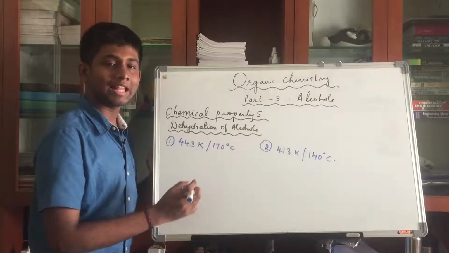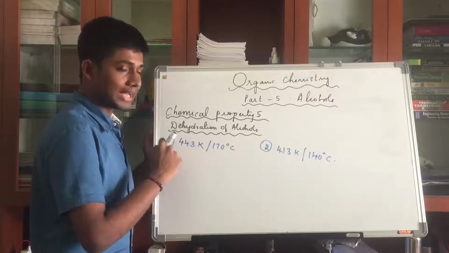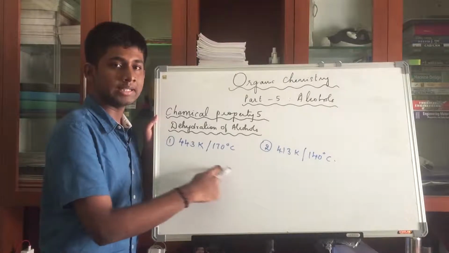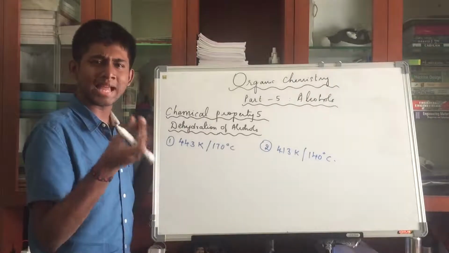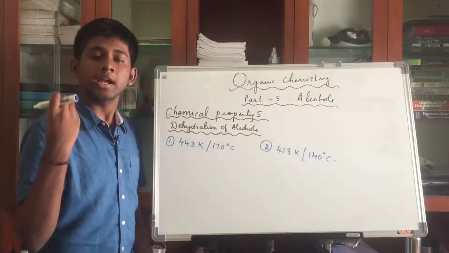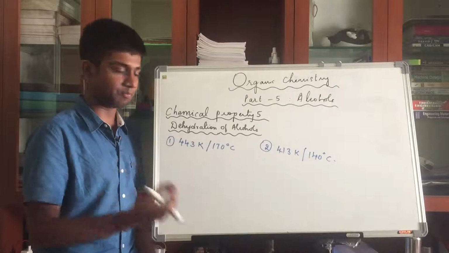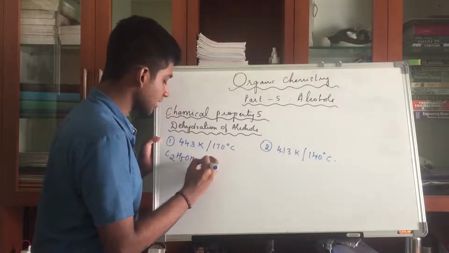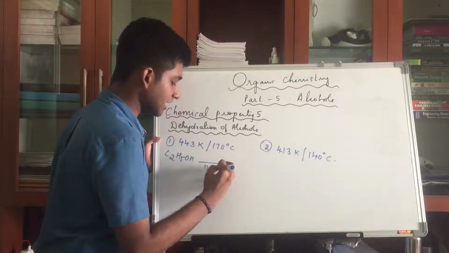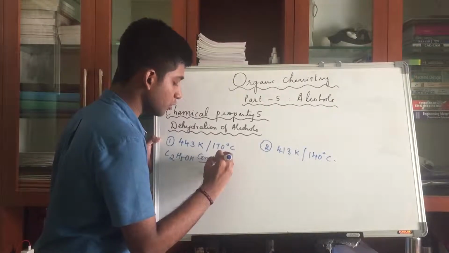At 443 Kelvin or 170 degrees Celsius, when you carry out dehydration of an alcohol under these conditions, you get an alkene, which can be ethene or propene depending on the alcohol you use. First let's take C2H5OH, then 170 degrees Celsius, and then conc H2SO4.